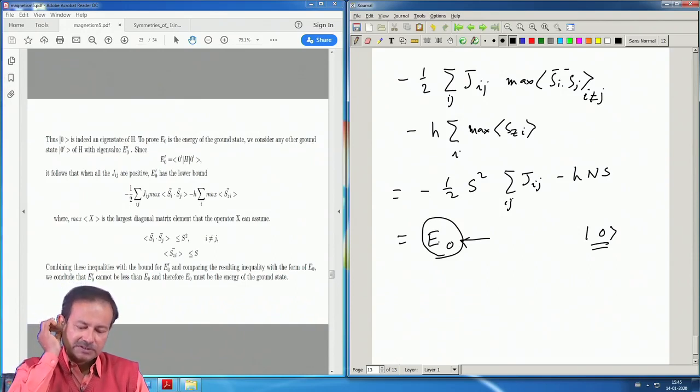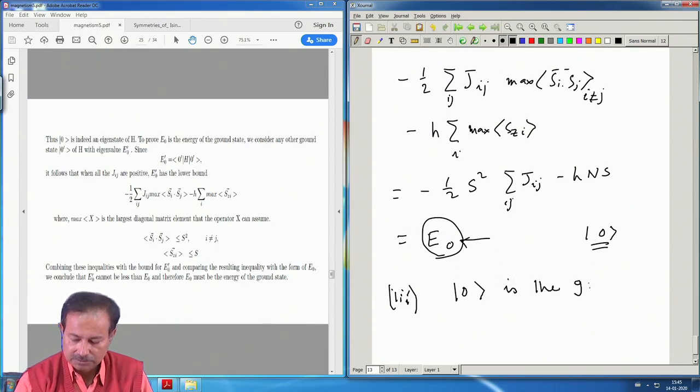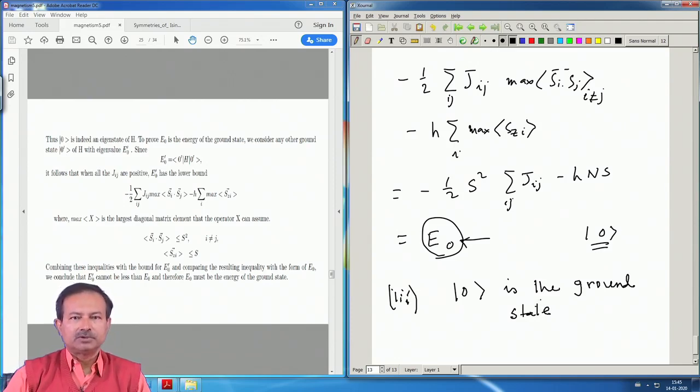So, that means this is the ground state. That is how this calculation goes, and so number 3, that E0 is the ground state, is also now proved.